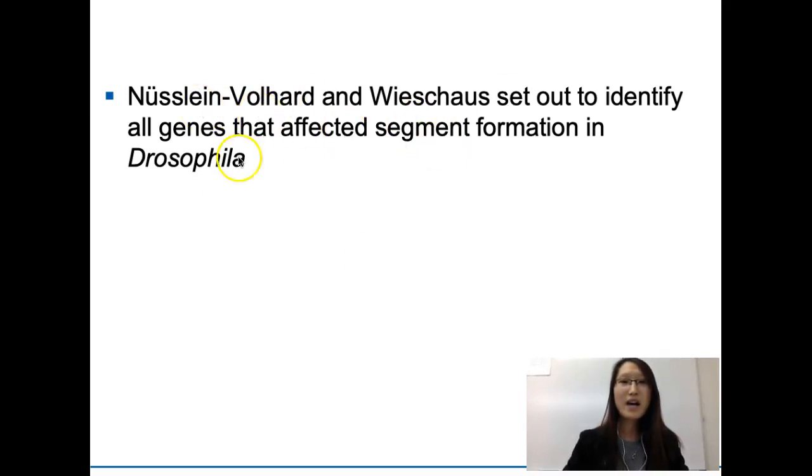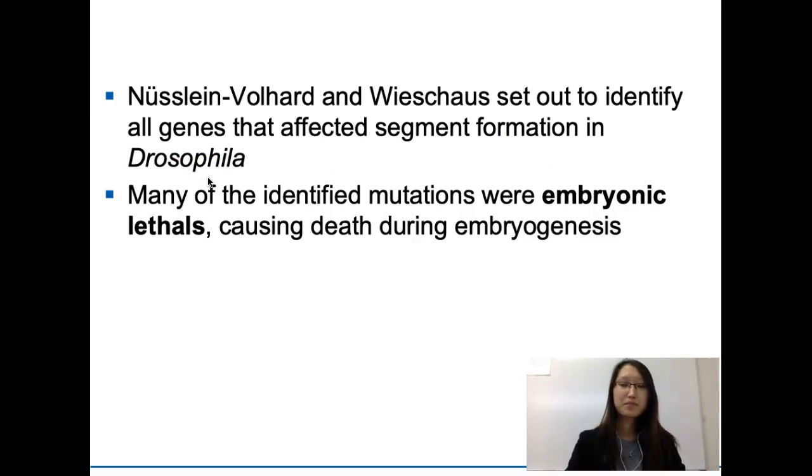So here we have these 2 scientists, I don't dare to say their names. These 2 scientists actually identified all the genes that affect segment formation in Drosophila, right? So Drosophila have 14,000 genes, and out of those 14,000 genes, there's about 1,300, 1,400 genes that are specifically used for pattern formation.